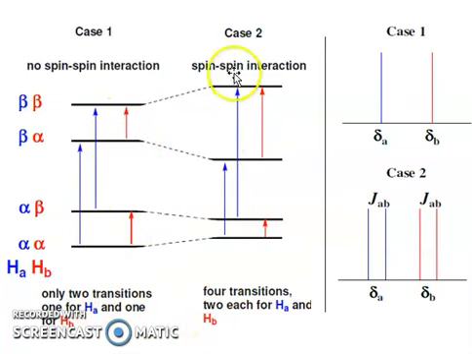Whereas in the spin-spin interaction case, we have distortion in the spin state energy levels. So from alpha to beta there is one peak, and another peak, and this is the peak for HB, and this is the peak for HB. Therefore the splitting takes place in these peaks. This is the chemical shift value of HA, and this is the chemical shift value of HB.